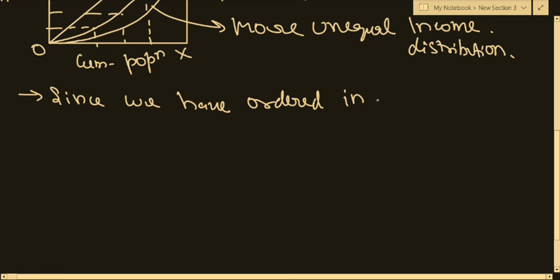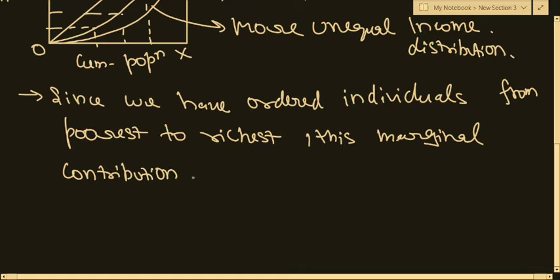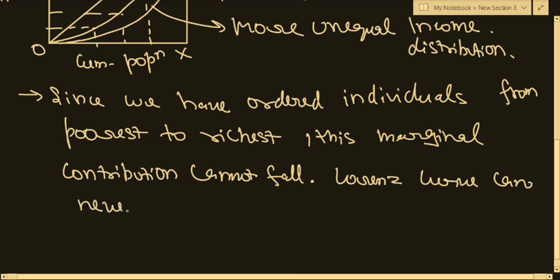Now since we have ordered individuals from poorest to richest, this marginal contribution cannot fall. Okay, so what this implies is the Lorenz curve can never get flatter as you move from left to right.